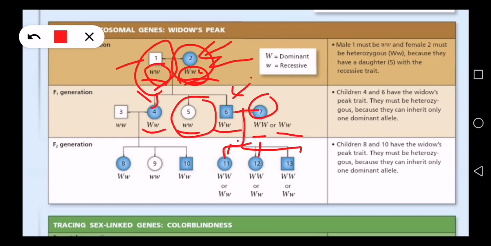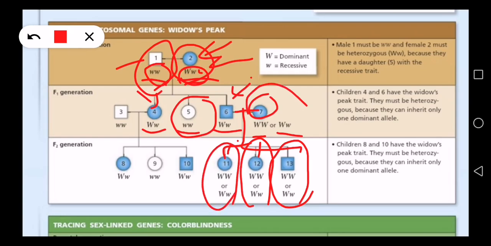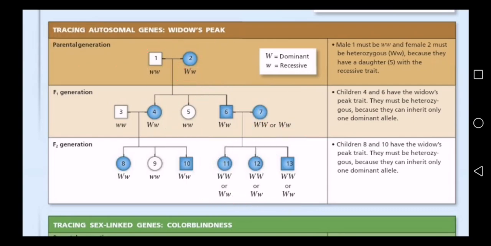Again, we don't know their genotype because we don't know the genotype of their mother. Let me erase the scribbles so we can continue on the other side.